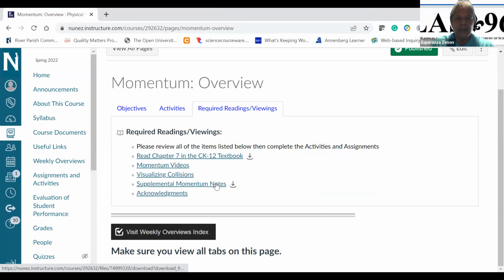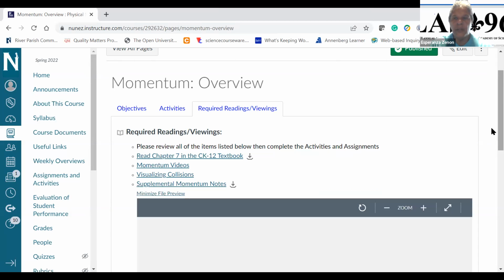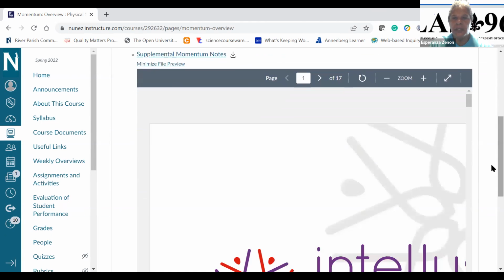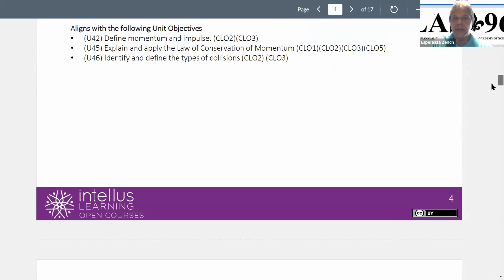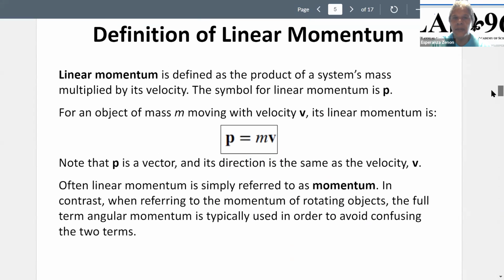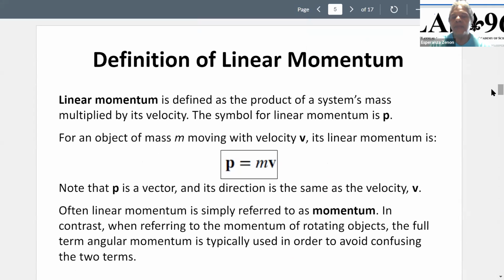All right, so here we are in the momentum notes. Now you see here it says linear momentum. That is because we're looking at momentum for an object that's moving in a straight line.